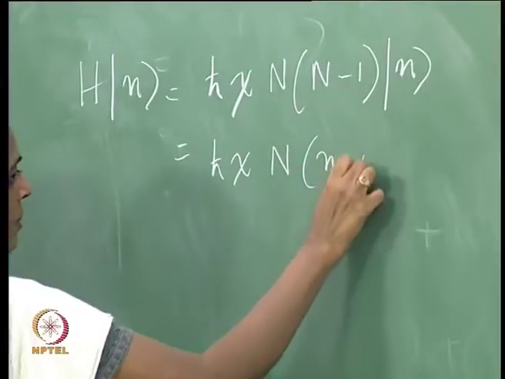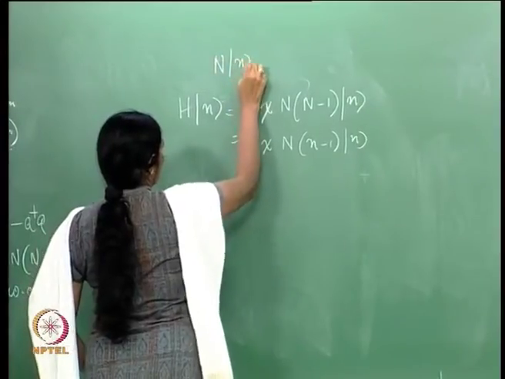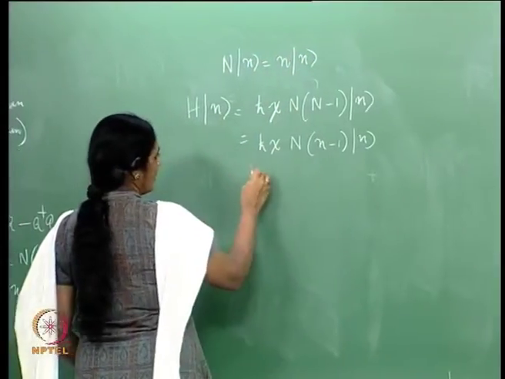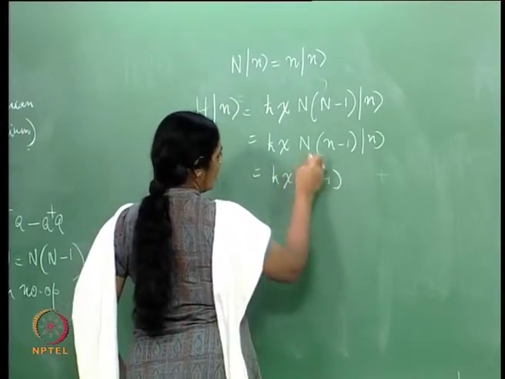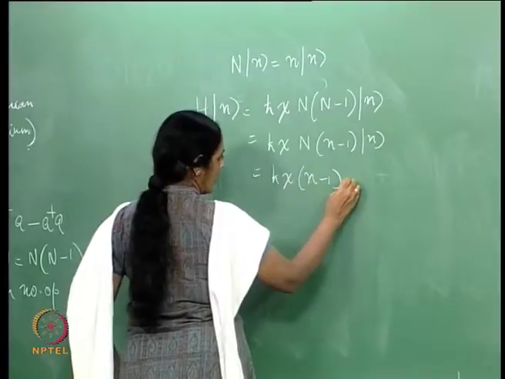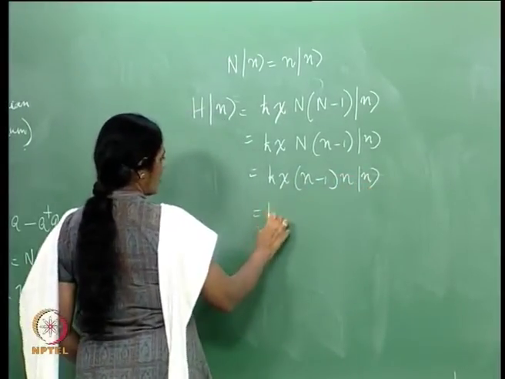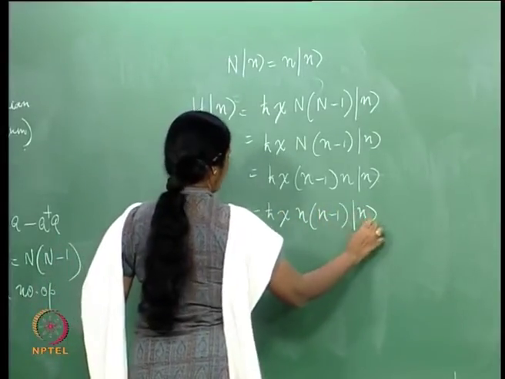This just pulls out a number. Recall that the number operator acting on ket n is simply n times ket n, and therefore, this is n minus 1 and again the number operator acts on ket n, pulls out an n. So, I can just write this as h cross chi n times n minus 1 ket n.